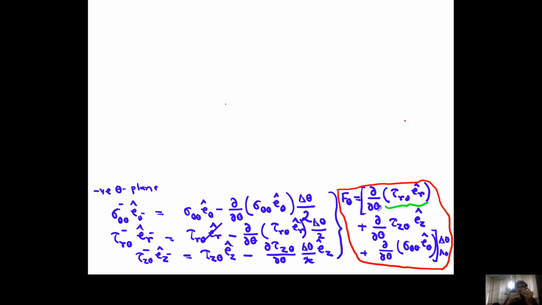So if you want to find the derivative of ER with respect to theta and the derivative of E theta with respect to theta, we need to express ER and E theta hat as functions of theta, right? Then only we can take this derivative.